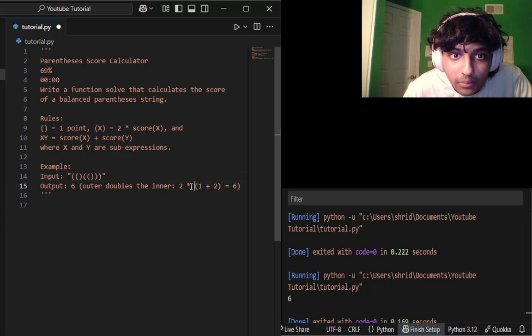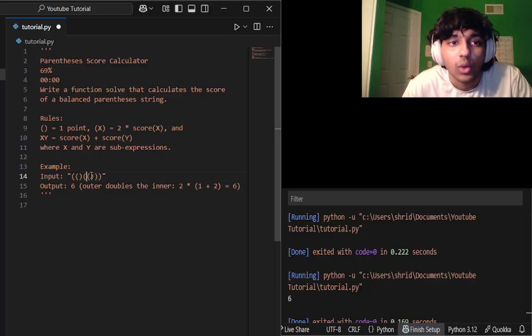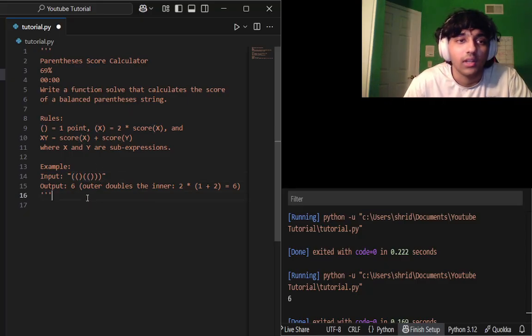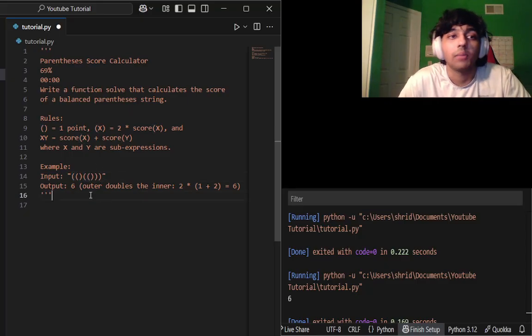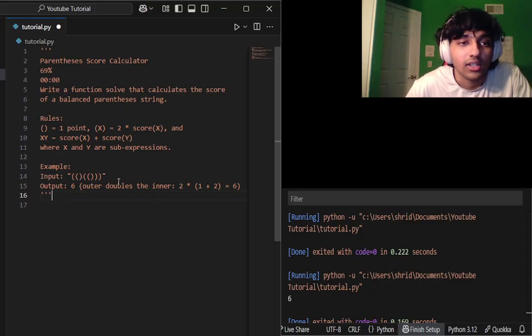So that's 2 times 1 plus 2, because this is 1, and then this is 2 because it's going to be 1 times 2. And that whole thing is doubled, so this entire inner thing is 3, but that's doubled because of the outer one, so it's a total of 6. So you could pause and try to figure it out on your own.